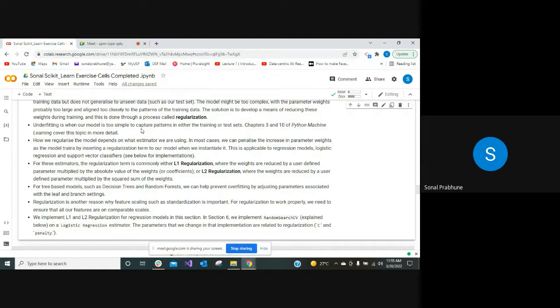With L1, we use the absolute value of the magnitude of the coefficients as the penalty term, which is the summation of beta j, with j going over the entire set, multiplied by a constant lambda. And for L2 regularization, we use the square of the magnitude of the coefficients.